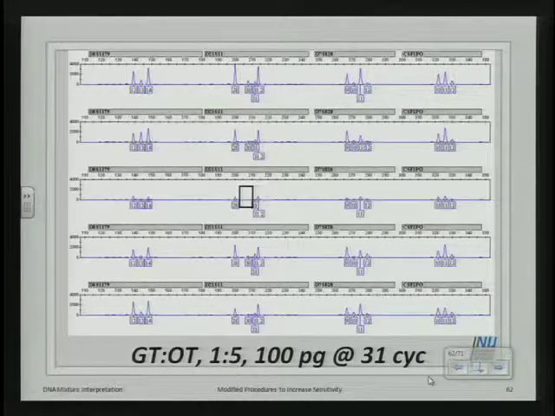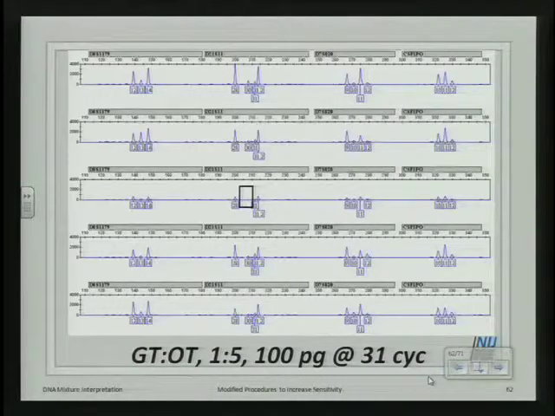ratio, again, 31 cycles here, you can see that between any 2 examples, the peak heights can be very variable. So the peak height ratio between these 2 peaks here is a little bit different here than on top. And even look at this one, so much lower. So you're getting a lot of variation in the peak height ratio between any 2 examples.